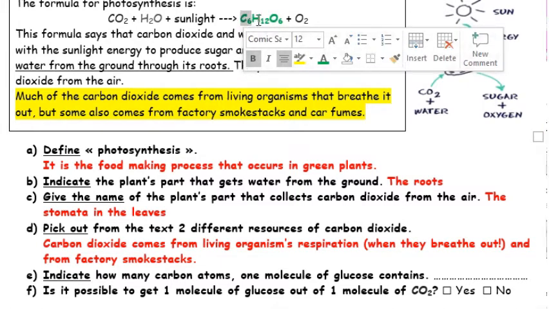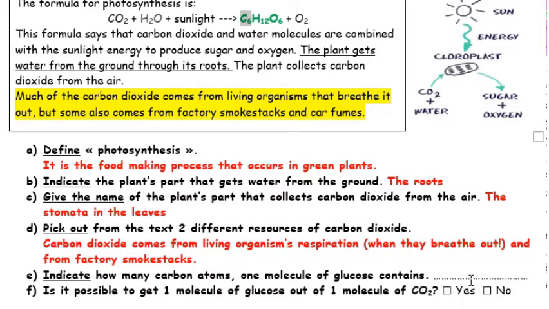How many C is there? 6. Didn't they write C6? So this one molecule of glucose, or this sugar, contains 6 carbon, 6 atoms of carbon.